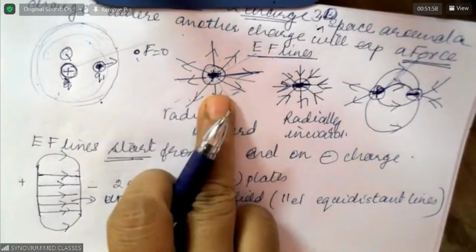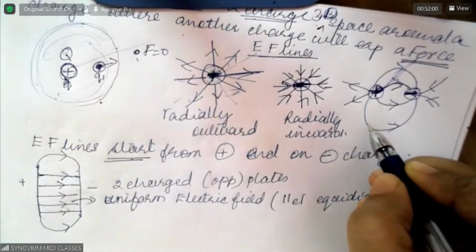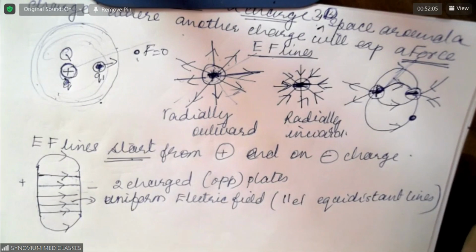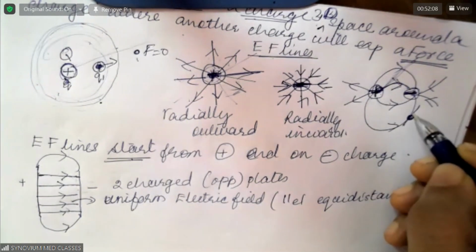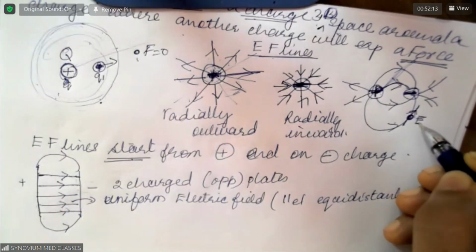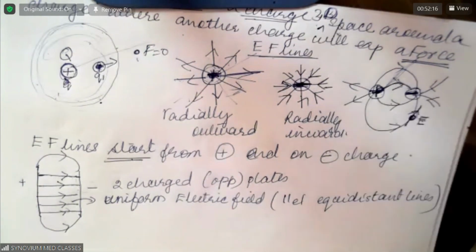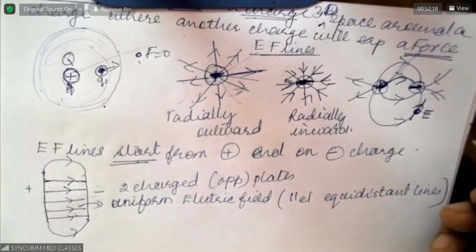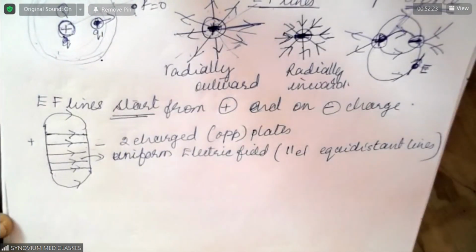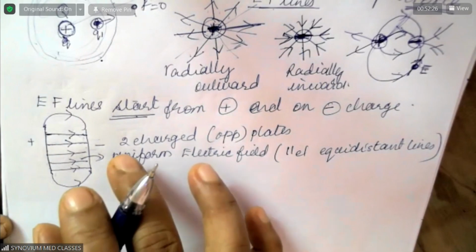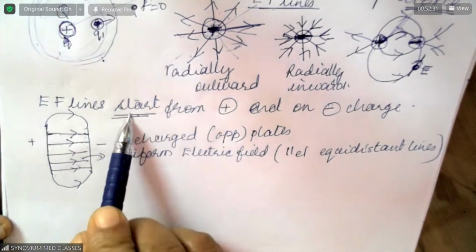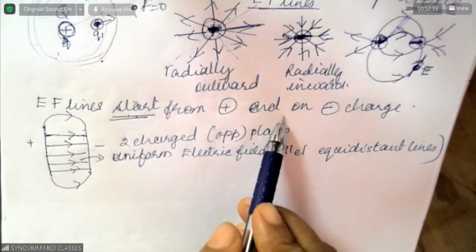So now you know the direction of the electric field. At any point, how will you know the direction of the electric field? You draw a tangent. The tangent tells you the direction of the electric field. That is the significance of electric field lines. An electric field line starts from positive and ends on negative.